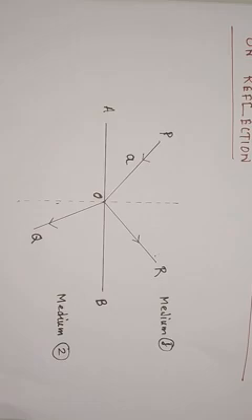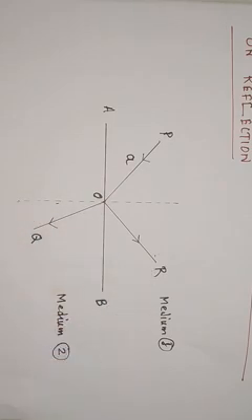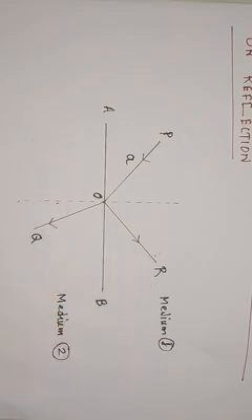In that case, the reflection coefficient is given by r prime: some part of the ray will be reflected back in medium 2, and the ratio of the amplitude of the reflected ray in medium 2 to the amplitude of the incident ray in medium 2 is equal to r prime. Similarly, for the transmission coefficient, when a ray is travelling in medium 2 and is transmitted to medium 1, the fraction of the amplitude of the incident ray which is transmitted from medium 2 to medium 1 is equal to t prime.